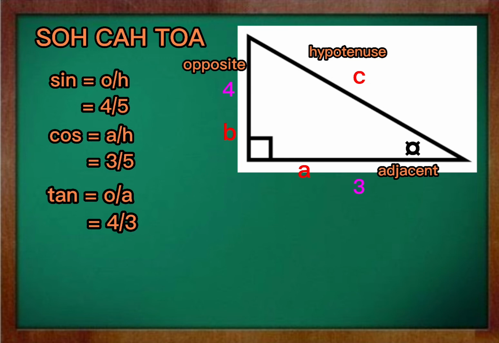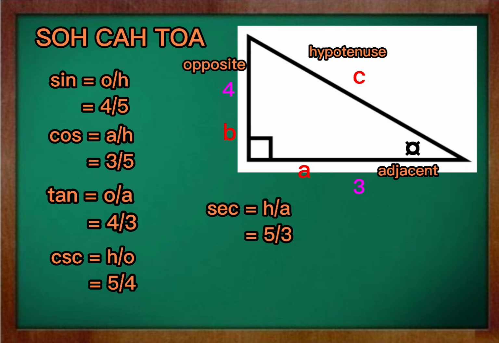The tangent, opposite over adjacent, that's 4 over 3. Next is the cosecant, which is the reciprocal of sine, 5 over 4. Secant, the reciprocal of cosine, 5 over 3. Lastly, cotangent, the reciprocal of tangent, 3 over 4.